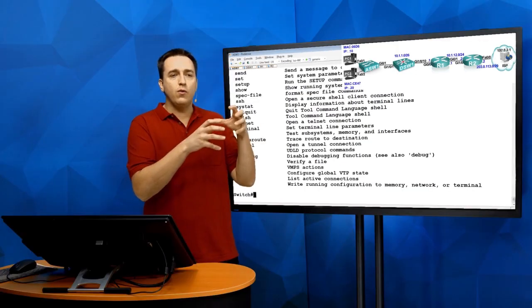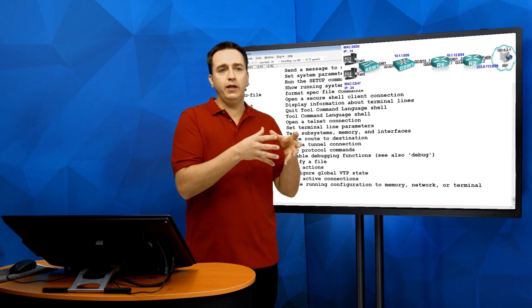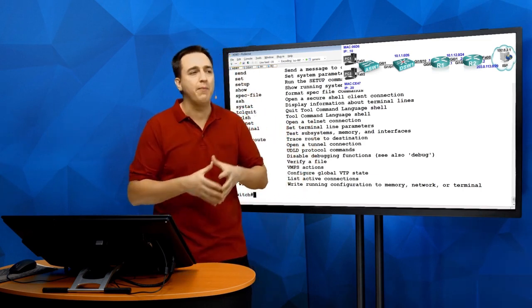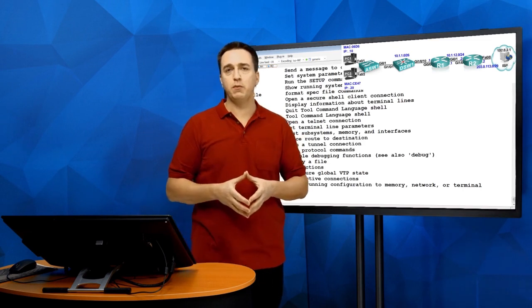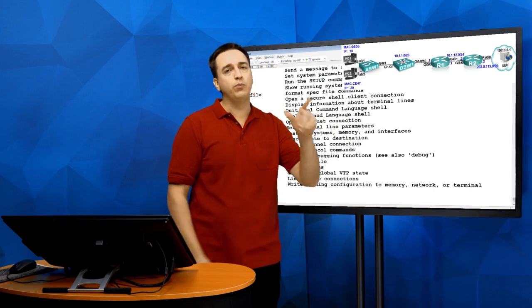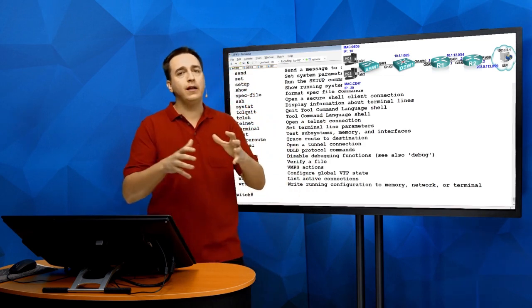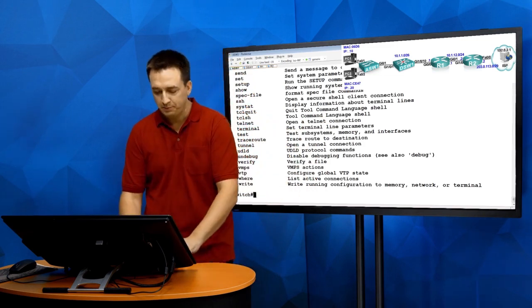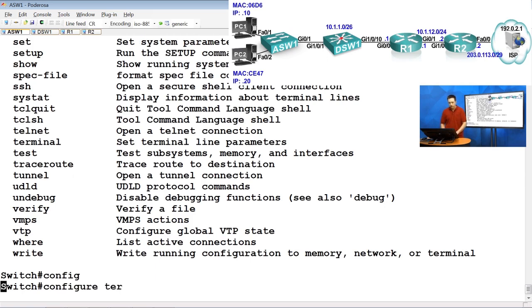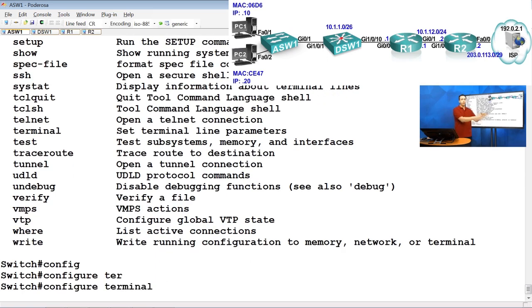So, everything I'm pretty much doing is not directly related to any type of configuration. I'm not configuring the device in privilege exec mode, meaning I'm not configuring protocols and services in privilege exec mode. I'm going to be doing that in other types of modes. For example, global configuration mode is where we move to if we want to start configuring our switch and its functions that it has available to us.